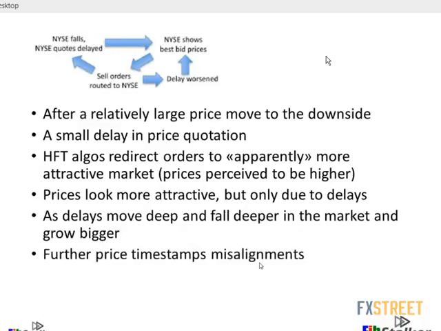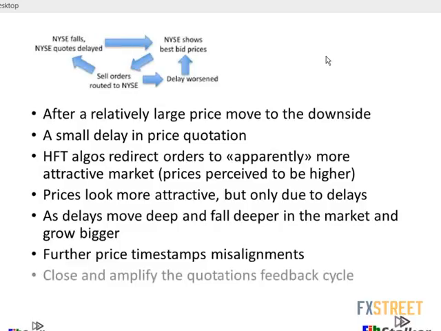And so the price timestamps, which is the date and time information attached to the price information, become more and more misaligned, and so then the cycle closes, and it amplifies the quotation feedback cycle.